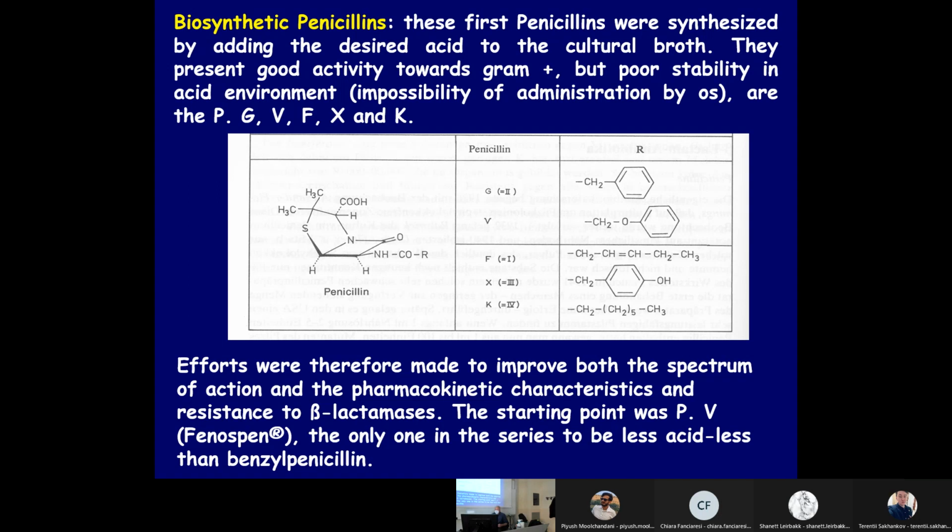Phenoxymethylpenicillin, penicillin V. So the first was penicillin G, and the second one was penicillin V. This penicillin is stable at acidic pH. So it was possible to administrate this compound orally.